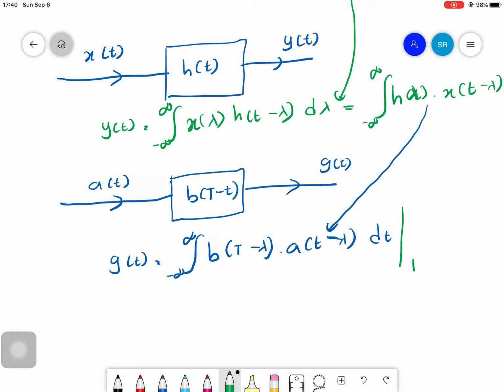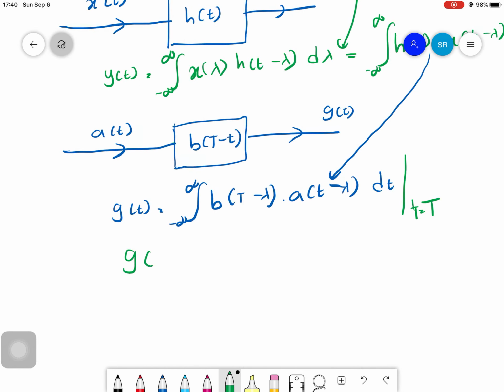If I sample this output at t equals capital T, I can get g(T) as the integral from minus infinity to plus infinity of b(t minus lambda) times a(t minus lambda) dt, which is actually the inner product of my two signals, because when integrating from minus infinity to plus infinity, the range doesn't matter.